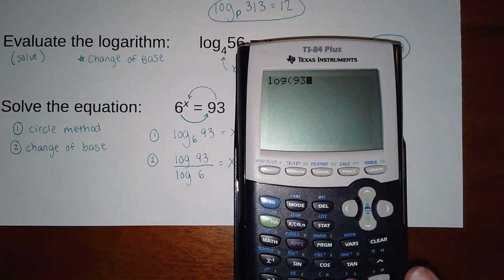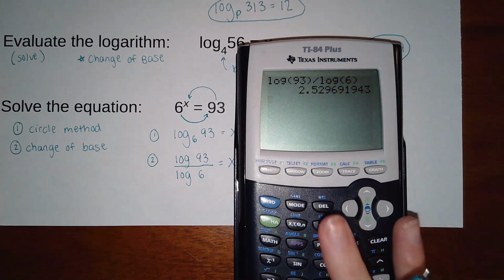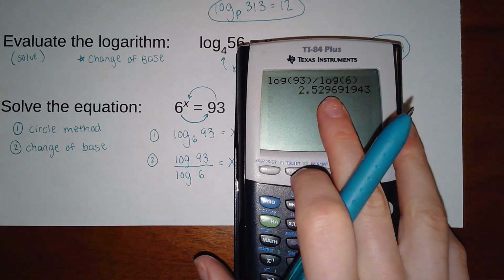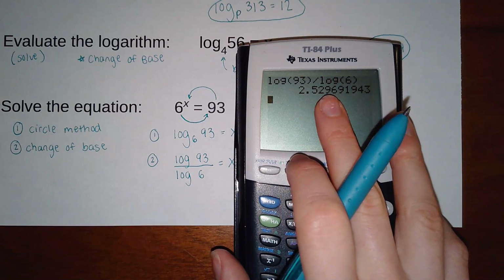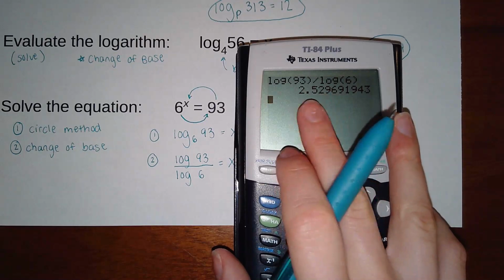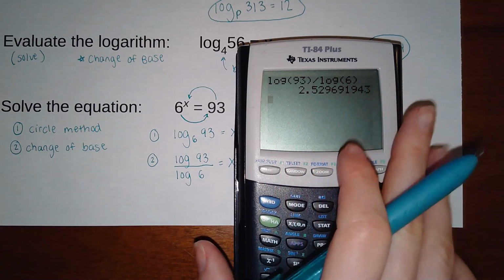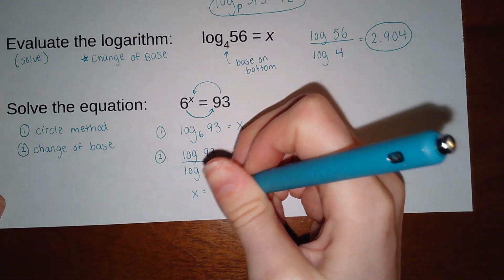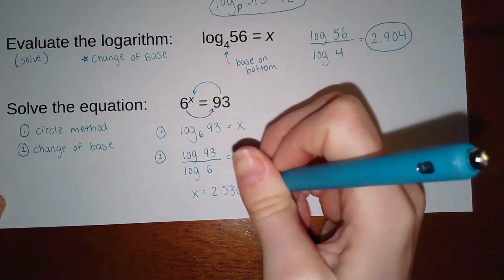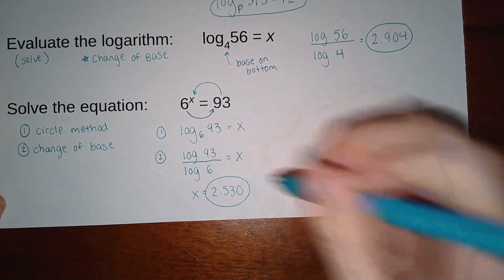So I'll type in the log of 93, again making sure to close my parentheses, and then the log of 6. Again, I'm going to write down 3 decimals, so I'll say 2.529 would technically round up, so you could say 2.530. If you said 2.529, that would be fine as well. And that would be my answer.